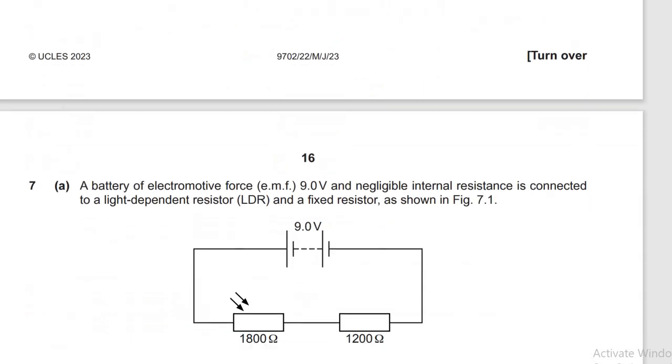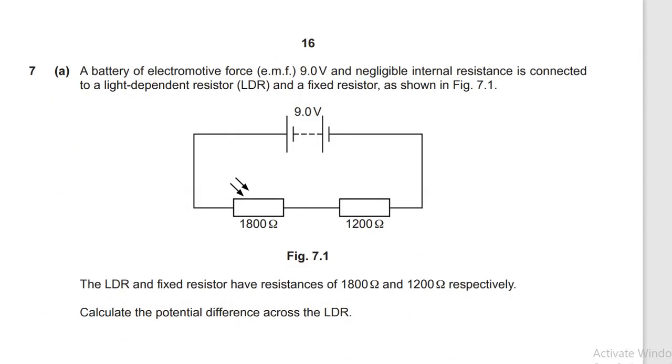The next question, number 7. I think that's the last question. Oh, we have 2 more questions after this. A battery of EMF 9 volts and negligible internal resistance is connected to an LDR.